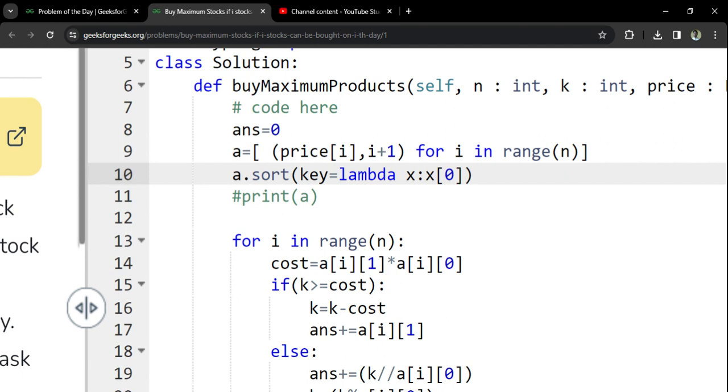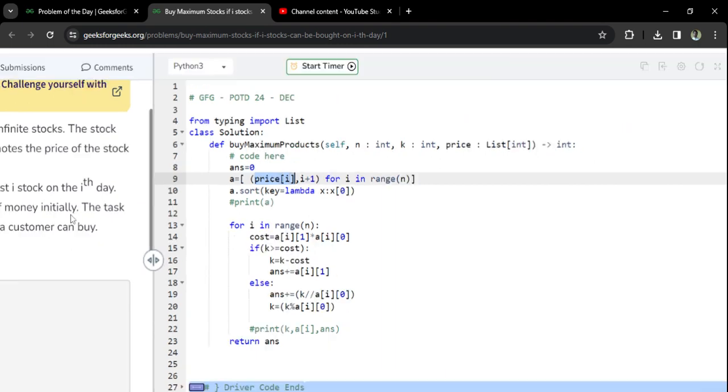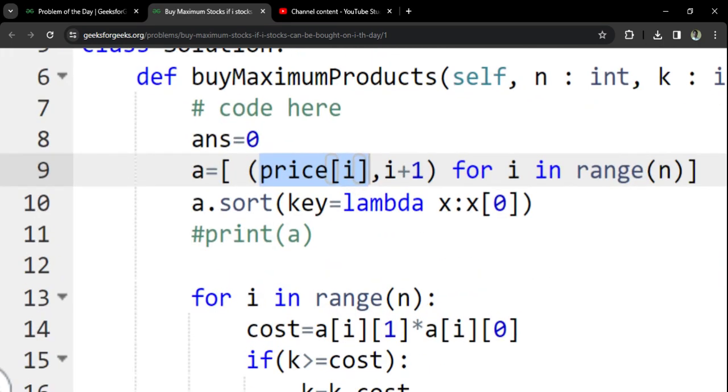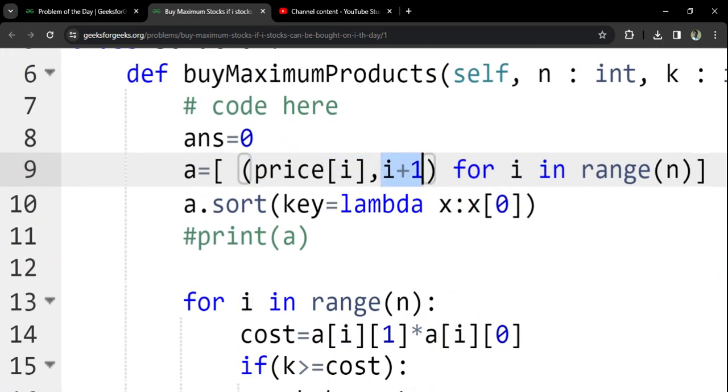That means the sorting will be based on the price, arranged in ascending order, so the one with the lowest price will come first. But this time, we have already associated the index, so the index will not be lost.